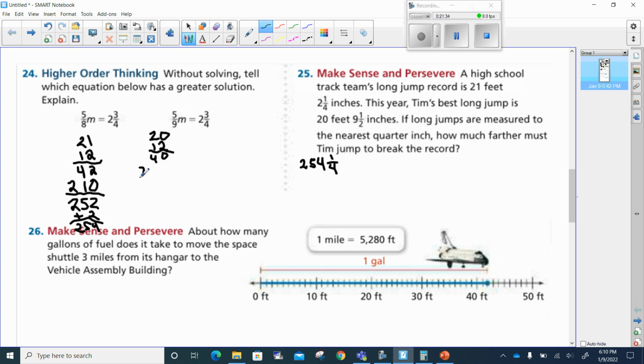And we have 20 instead of 21 coming down here. Now it's going to leave us with 240. And now because we have 9 extra inches, we'll have to add 9 to this. That'll leave 249.